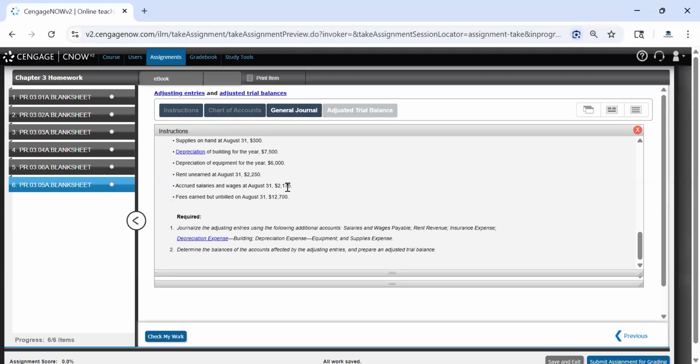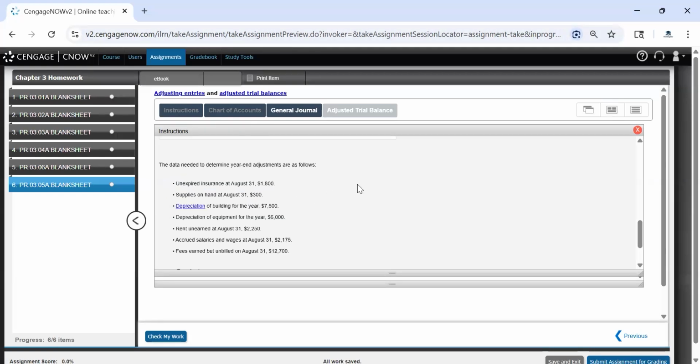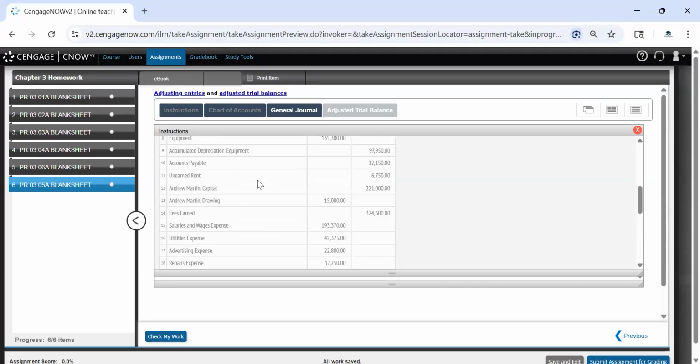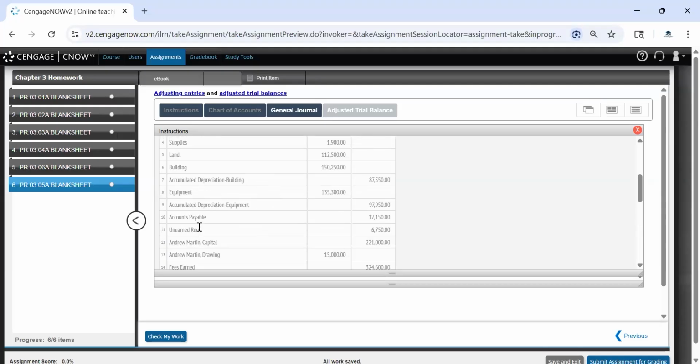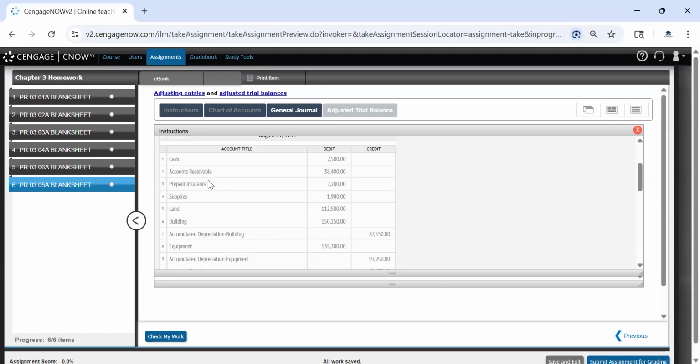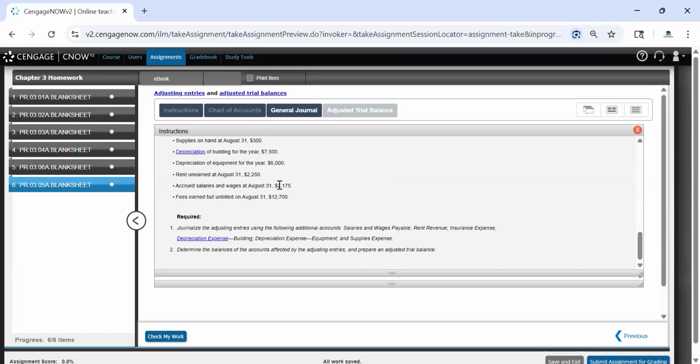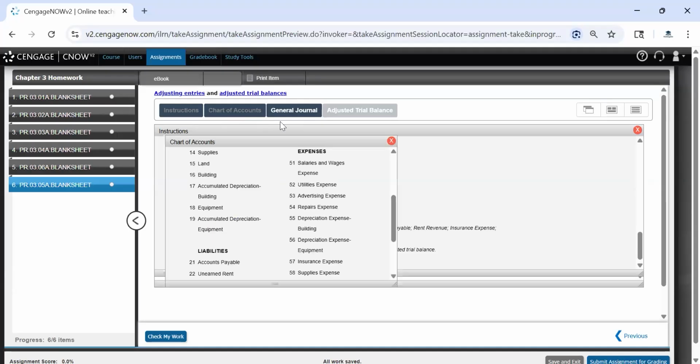Accrued salaries and wages at August 31st is 2,175. Currently, there are no salaries and wages payable on the unadjusted trial balance, so the entire amount of 2,175 has to be accrued to salaries and wages payable.